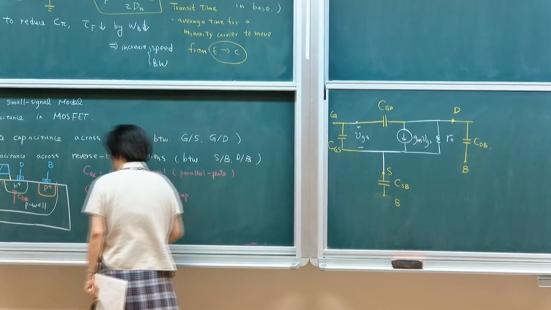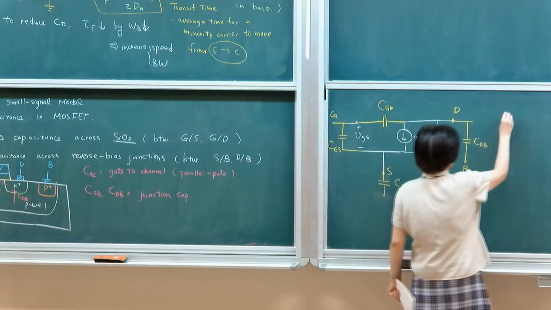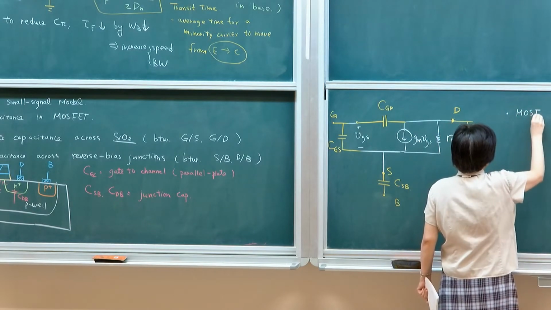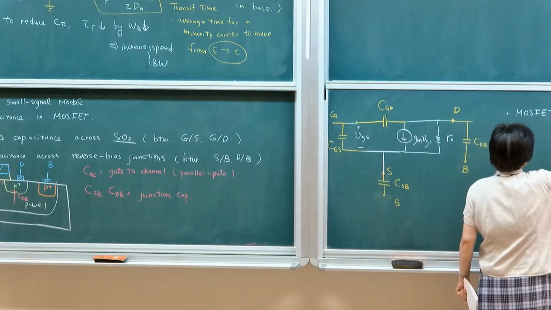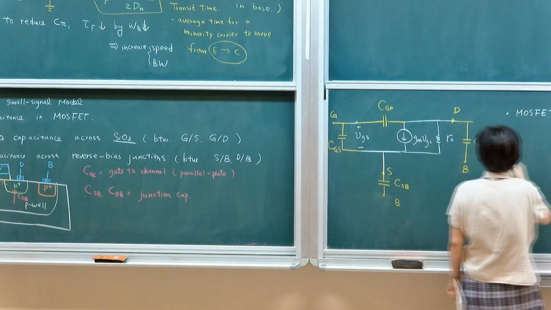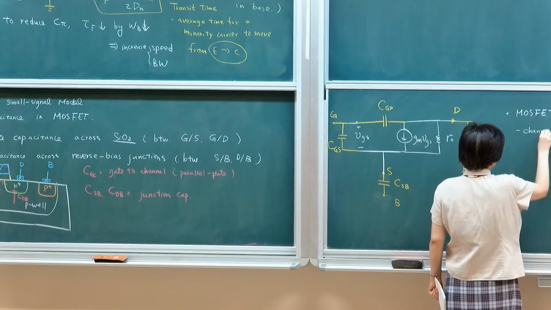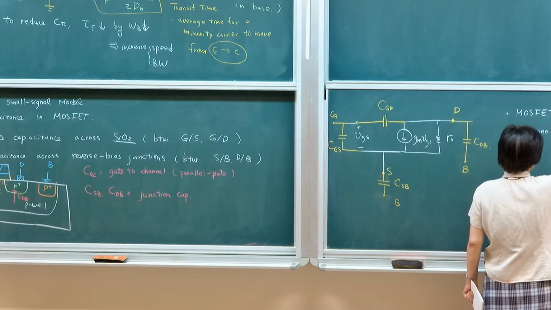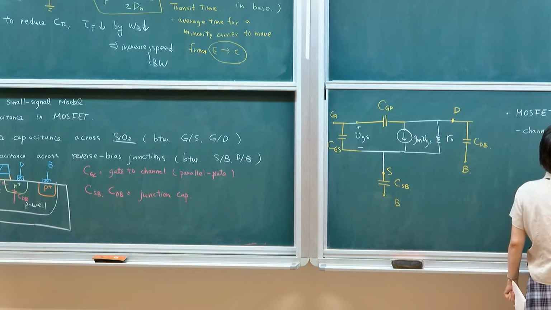Because remember, the small signal model is based on the device operating in saturation, so we want to make sure that the MOSFET is in saturation. So in saturation, the channel is pinched off at the drain side.